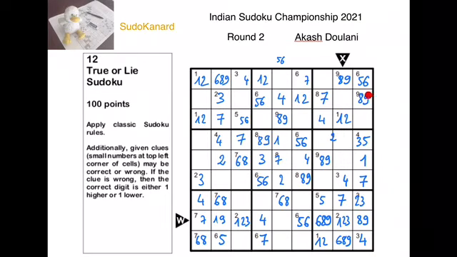And now on this row, the second 1 or 2 won't be in these cells because of this pair, so it must be here. And it creates a 1-2 pair here, which gives a 3 there. This is a 2. I get a 1 here.